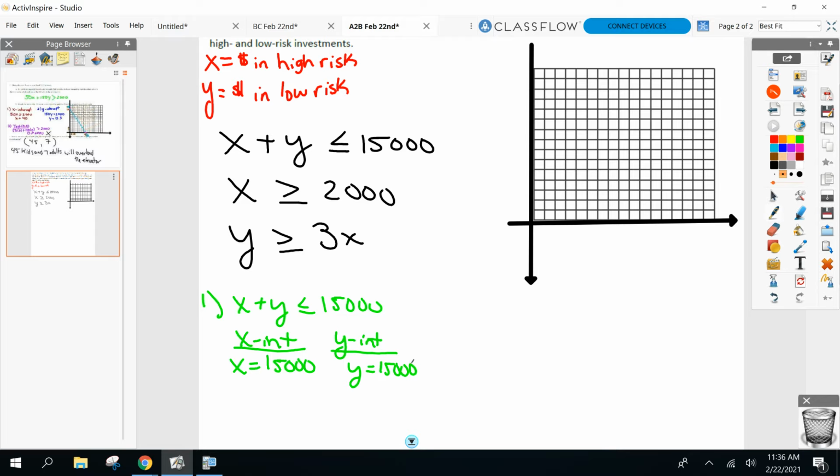All right, you guys are going to have to, we can't go by ones, right? Or twos or fives. Anybody have an idea what you want to go by on the x and the y to get to 15,000?